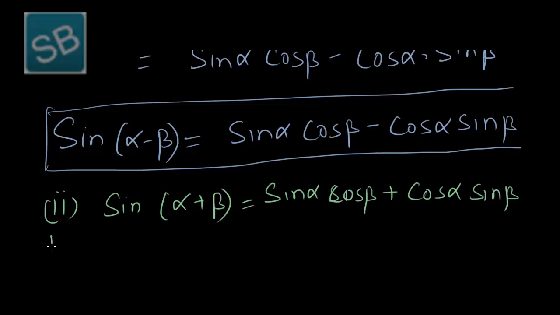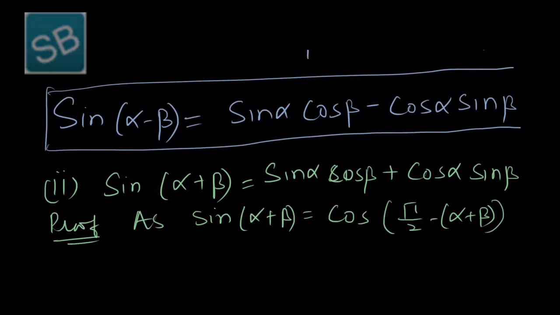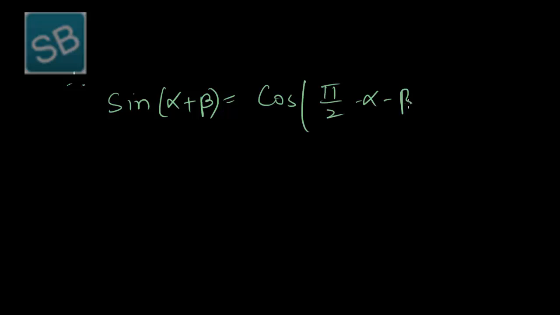So the proof of this part is similar, using the corollary, as sin of theta is equal to cos of pi by 2 minus theta. Therefore, sin of alpha plus beta is equal to cos of pi by 2 minus alpha minus beta.